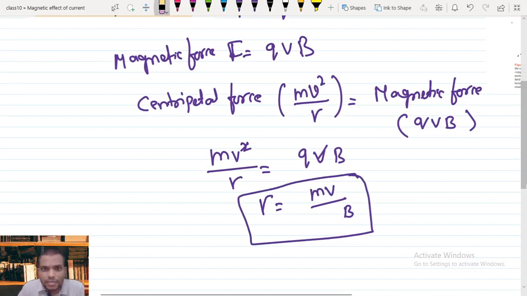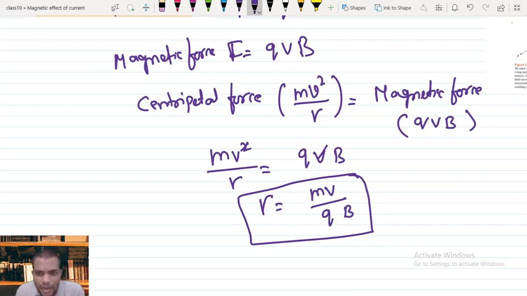So the radius of the circle depends purely upon the mass of the particle, the velocity, the charge and the strength of the magnetic field. And here you can see the radius is inversely proportional to the strength of the magnetic field and inversely proportional to the magnitude of the charge.